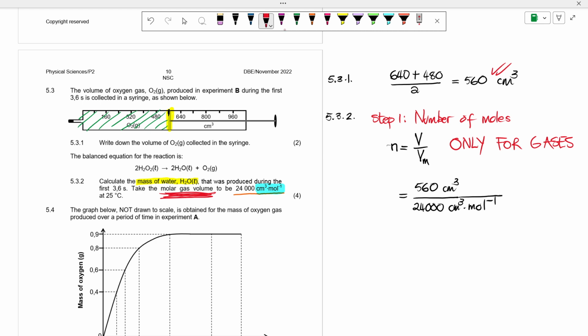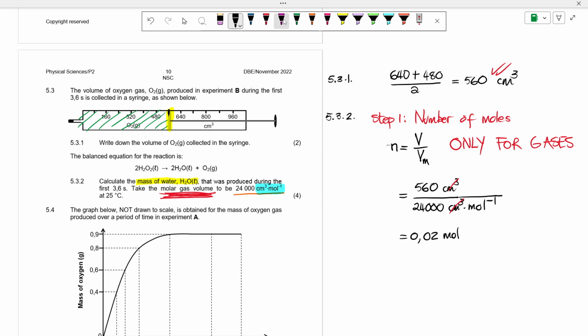So I can cancel the centimeter cubed and centimeter cubed, and I'm left with 1 over per mole, which just becomes per mole. So what is 560 divided by 24,000? 0.02. And the unit is moles.